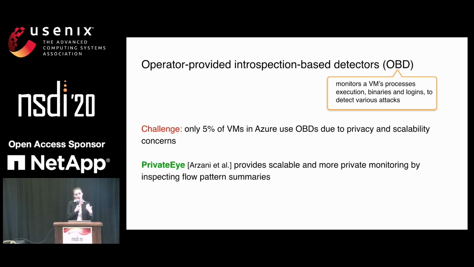The paper argues that flow patterns in many situations can point to anomalous behavior such as attacks. So if a flow pattern changes from one situation to another, it could point to an actual attack. The paper is able to monitor these flow patterns and detect which VMs are compromised.